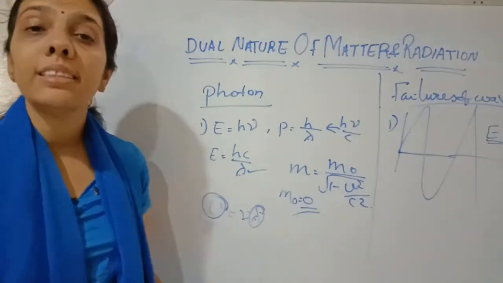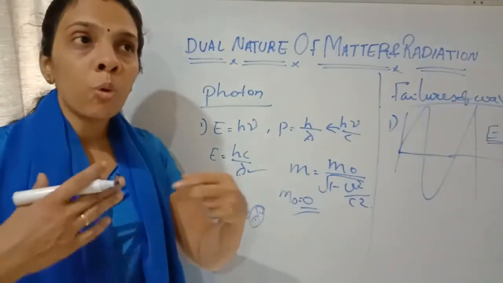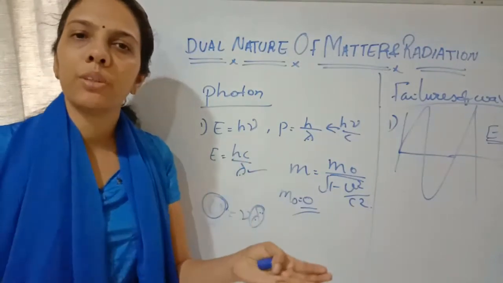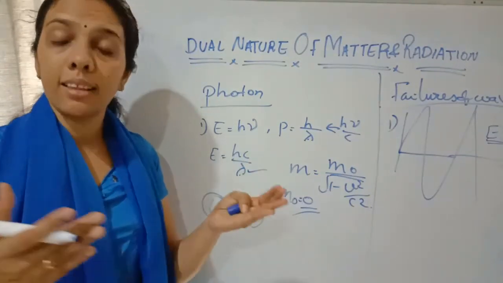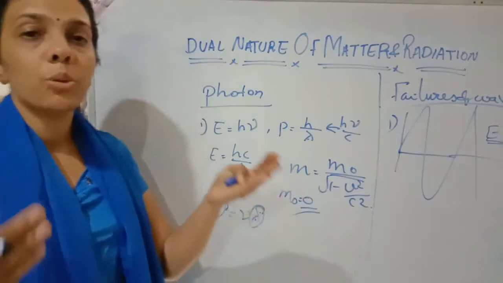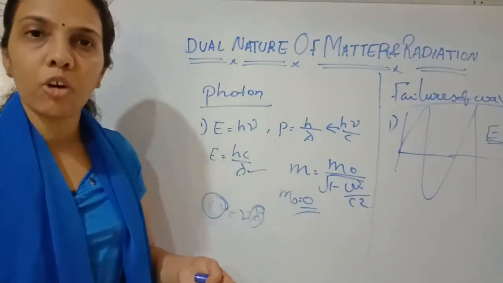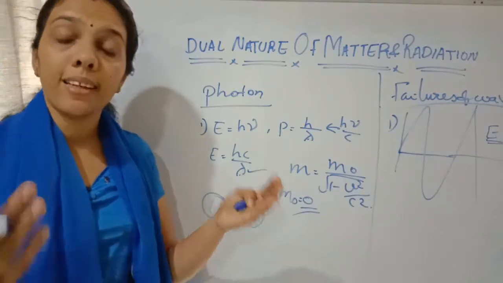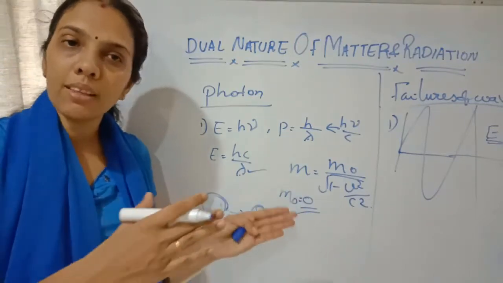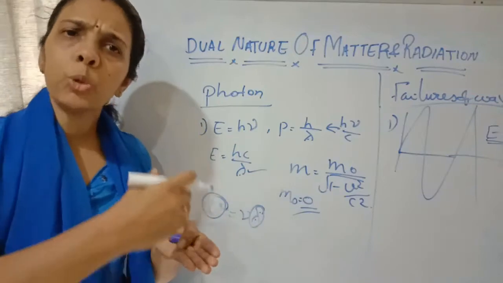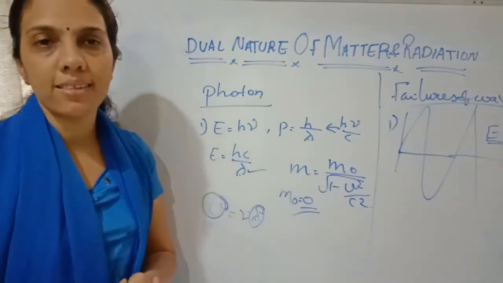As energy increases, more energy is received by the electrons in the metal surface. It acquires more energy, the electron comes out from the metal surface, and the rest of the energy helps the electron to move fast.